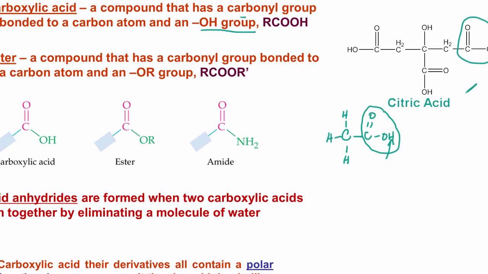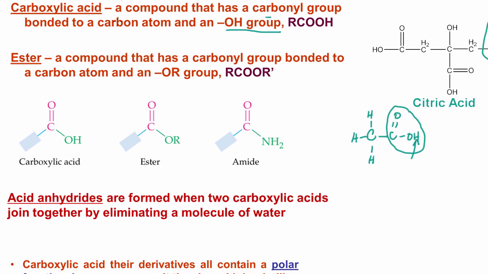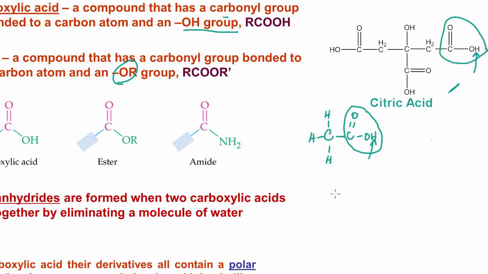So let's also define what an ester is. An ester is a compound that has a carbonyl group bonded to a carbon atom and this OR group, or this alkoxy group, if you will. So an example of an ester would be something like this. Let me move this over.